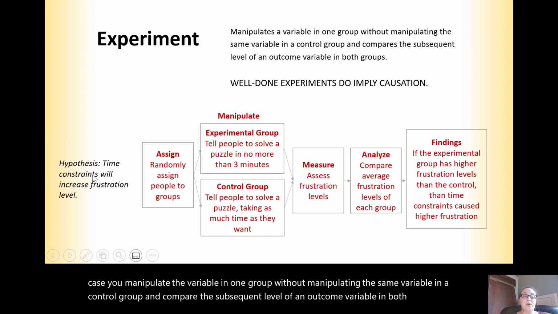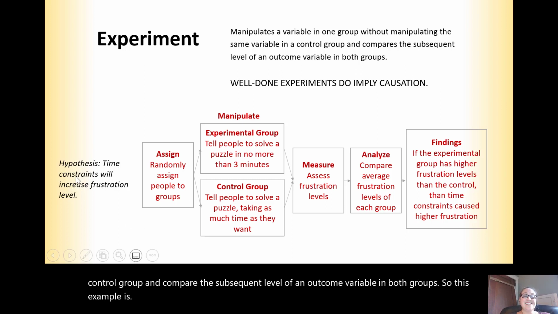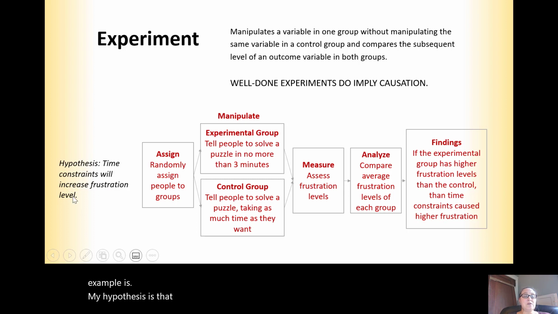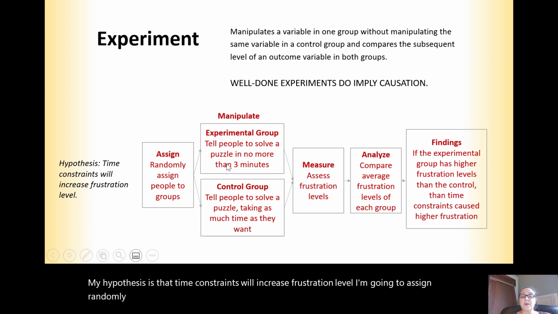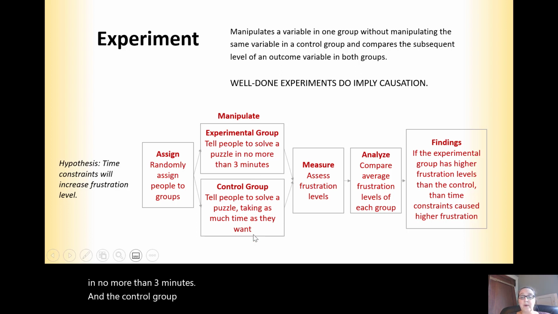So in this example, my hypothesis is that time constraints will increase frustration level. I'm going to assign people randomly, and that's important, to the experimental group, where I tell them to solve a puzzle in no more than 3 minutes, and to the control group, where I tell them to solve the puzzle taking as much time as they want.